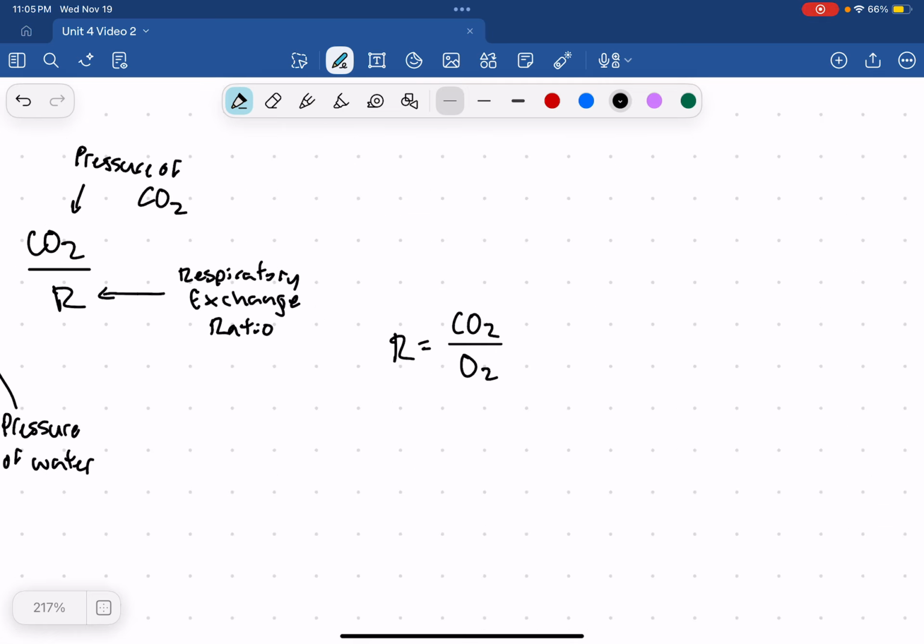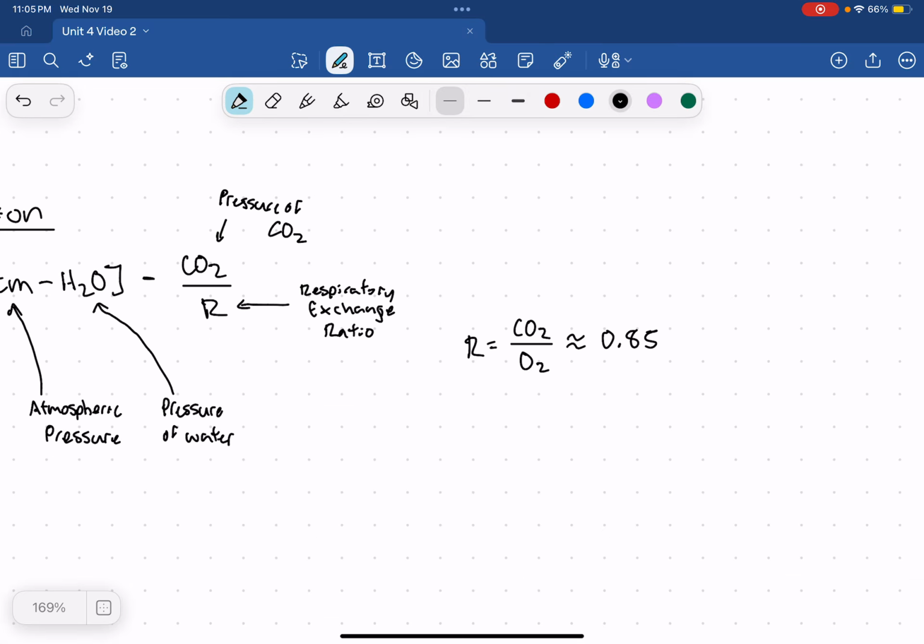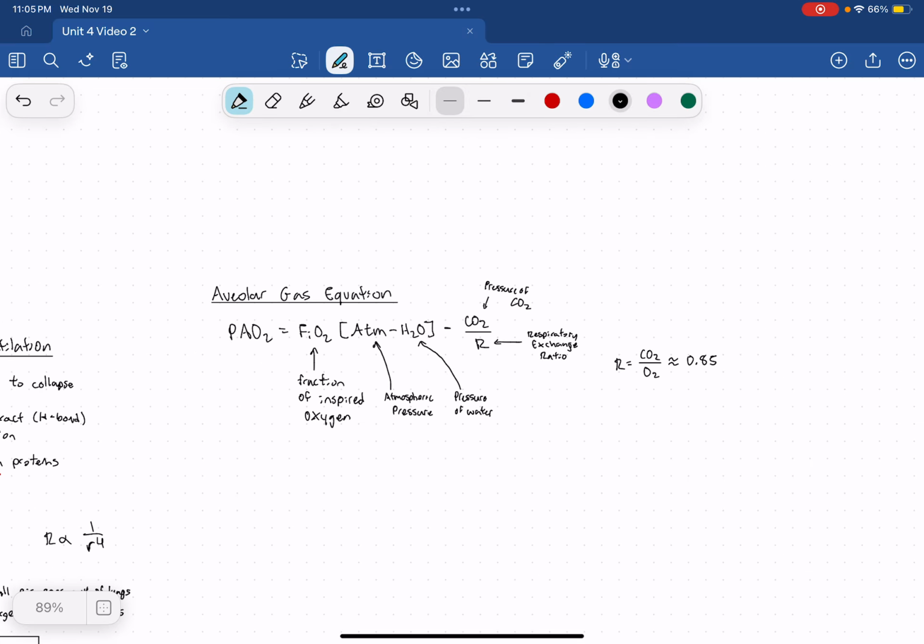This typically has an average value of about 0.85. Obviously, it's different in different scenarios, depending on the fraction of CO2 and O2 we have, but for now, we're going to call that an average of 0.85.